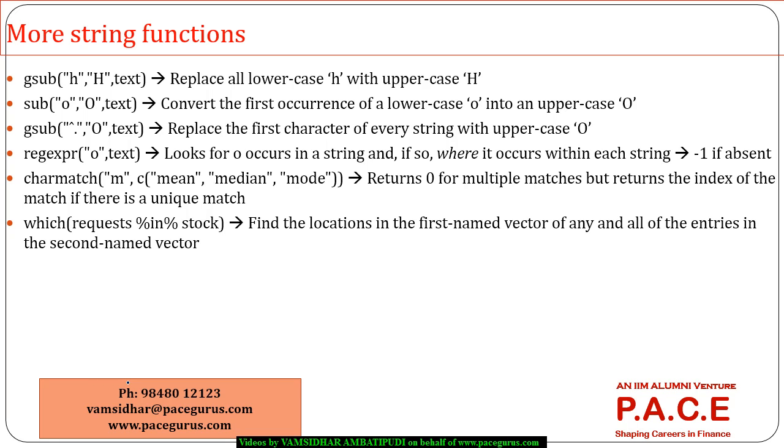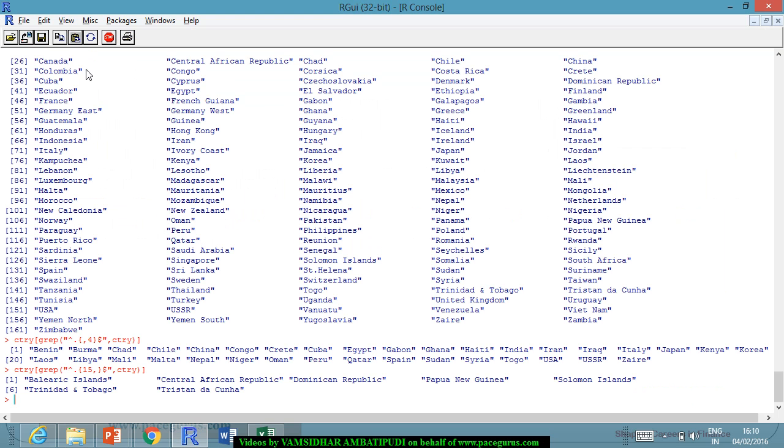Then if I really want to replace some such stuff, basically replacing one with the other, right? Let's say I have vector 1, just recollecting it.